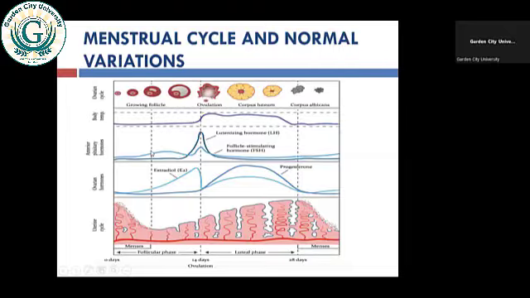Then after 5 days, we also have the follicles growing until on the 14th day, we have the ovulation. And when the ovulation is on, there is an increase in the temperature. And then we also have increase of the luteinizing hormone and then the follicle stimulating hormone.